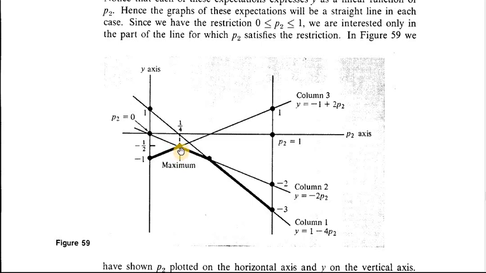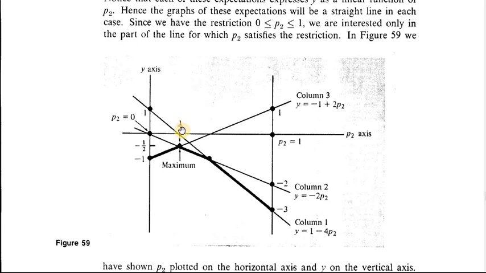Or I should say, that's going to give the row player the biggest payoff if the column player so chooses to minimize the row player's reward. So this really is the row player's best option, because he wants to maximize the payoff considering what the column player is going to play.